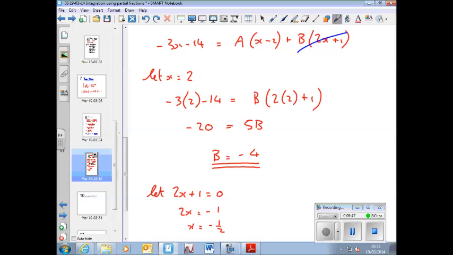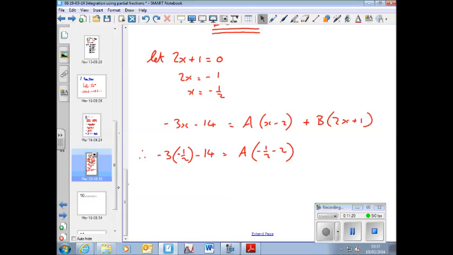I'll just pause while you have a go at it, and then I'll do it on the board. So I put in x equals minus a half. It's not a bad idea to use brackets, just literally substitute in a number instead of x, and then worry about the signs afterwards.